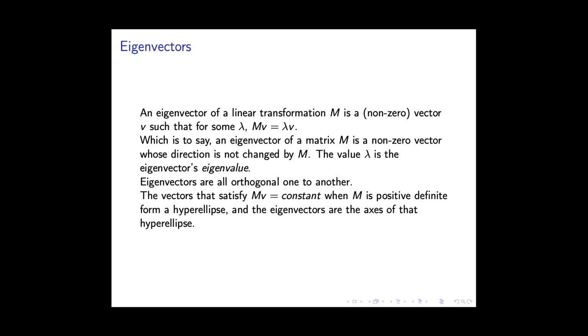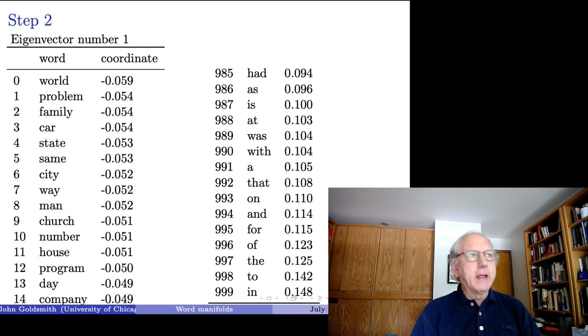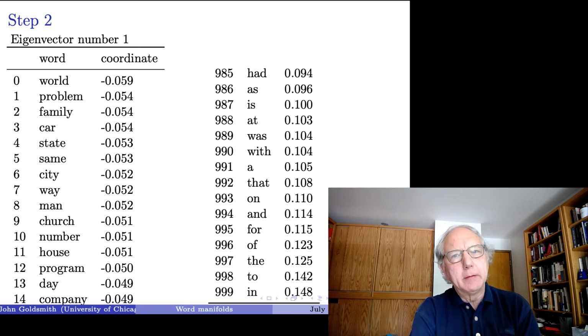Okay, so let's look at some of the eigenvectors that come out of this process of computing the eigenvectors of the Laplacian of the graph that we've developed. Because of the way we've set up the Laplacian, when we order the eigenvectors by increasing eigenvalue, which would be the normal way to do things, the eigenvector with the lowest eigenvalue, well, that lowest eigenvalue is 0.